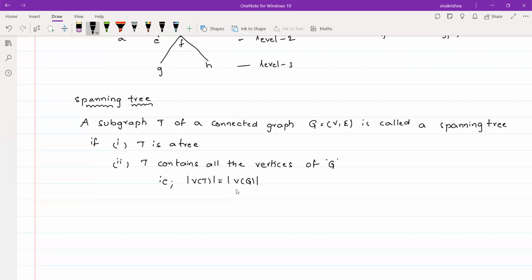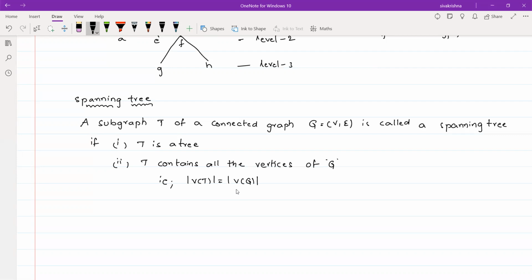Once again, if you want to find the spanning tree for a given connected graph, first of all, it should be a tree.